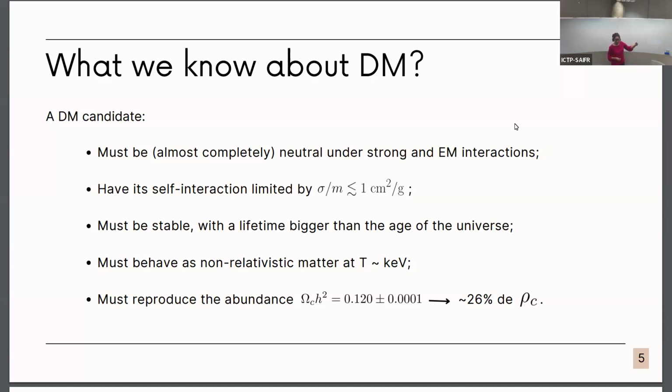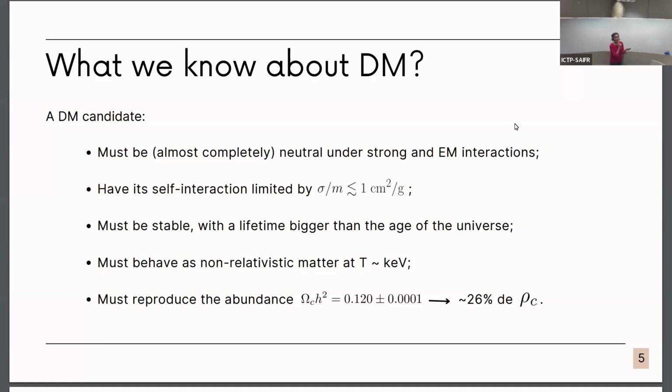It's almost completely neutral, because you have some models that have millicharges and this kind of stuff. We also know that dark matter must have a limited self-interaction because we have, for example, the Bullet Cluster system, in which we have evidence that the dark matter just passes through each other instead of heavily interacting as the electromagnetic plasma does.